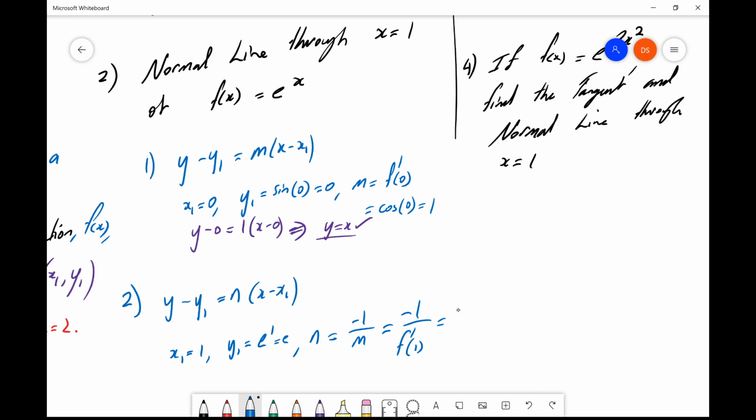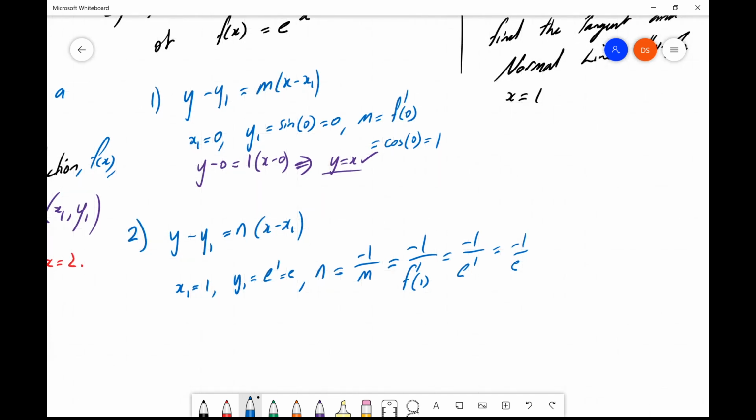That is an exponential, so it's -1 over e to the 1. So that's 1 over e. Okay. So what's my equation? I finally get y minus e equals -1 over e times x minus 1. Right? Do I want to do any simplifying?